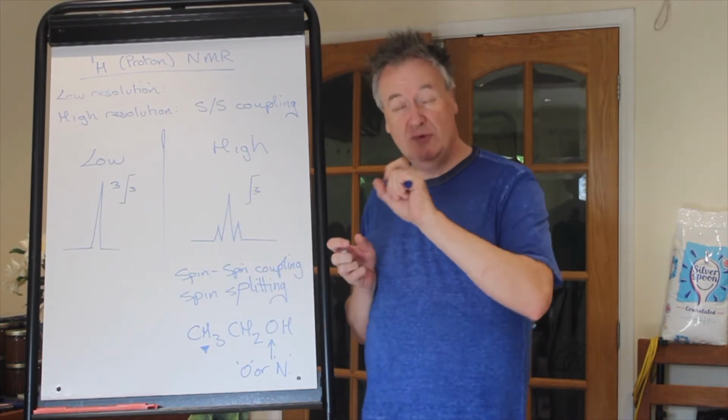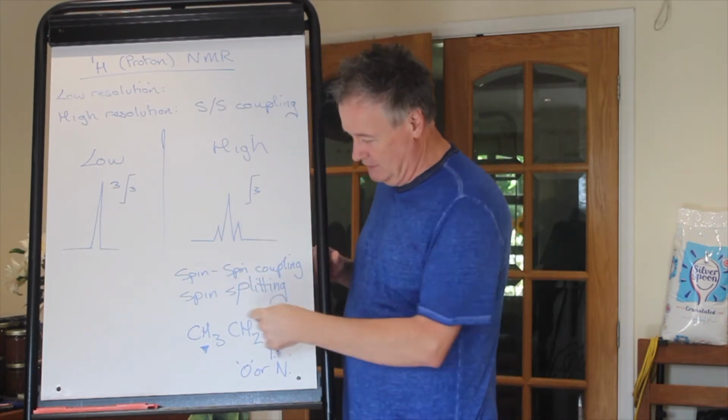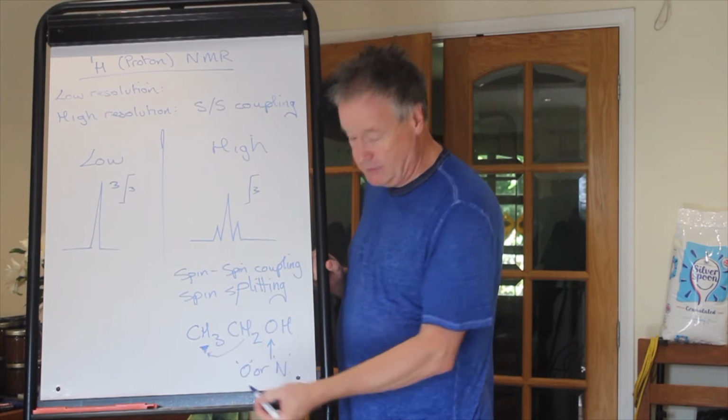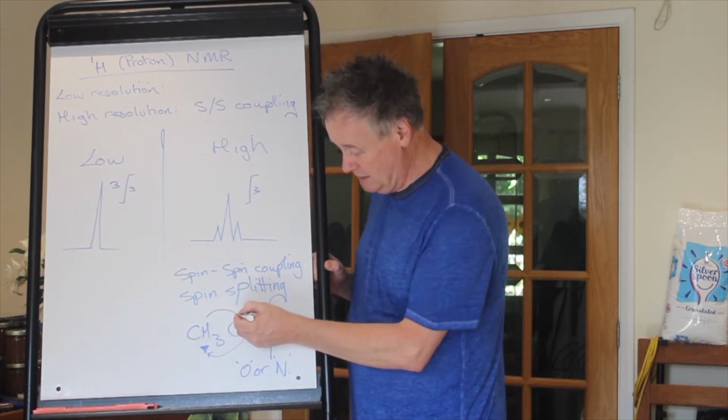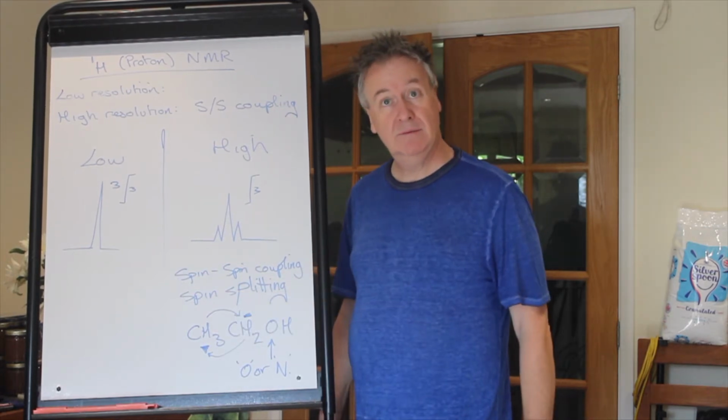Now we'll come to all the rules about it shortly. That'll be the next thing we do after this. But those ones will be split by those. Conversely, these ones will be split by those.